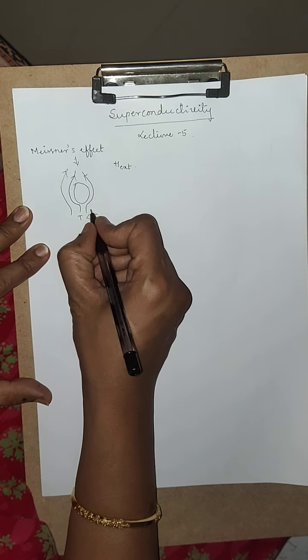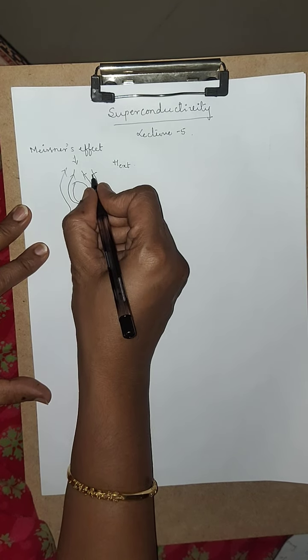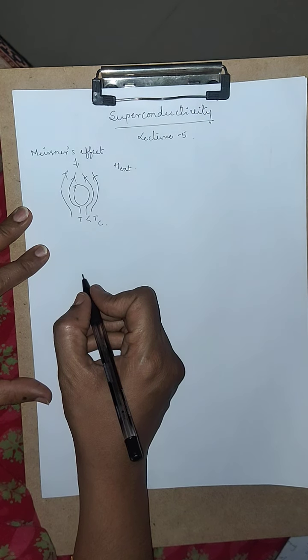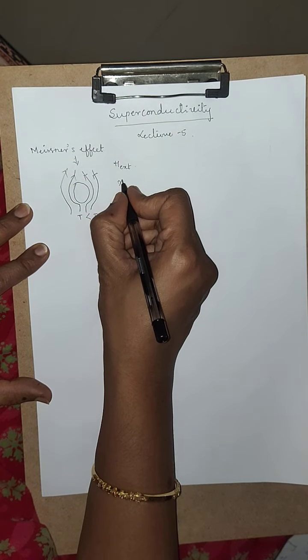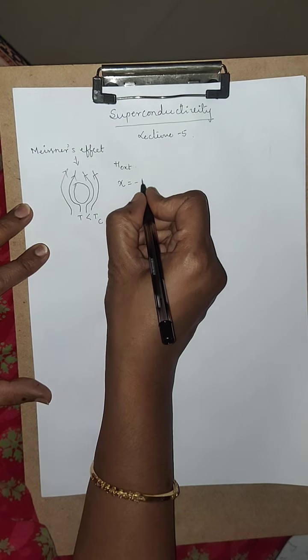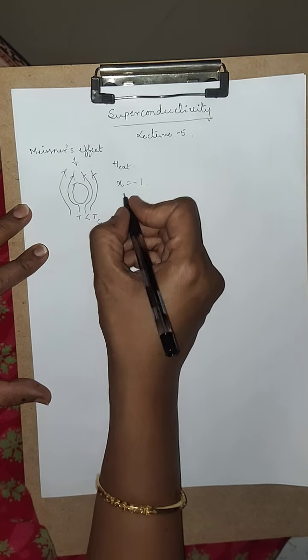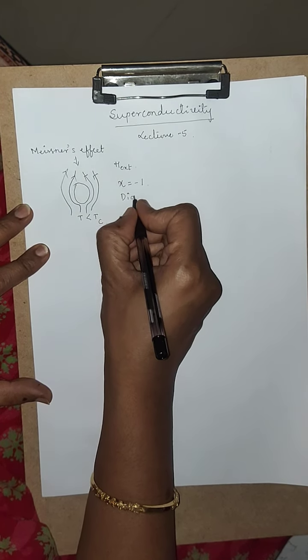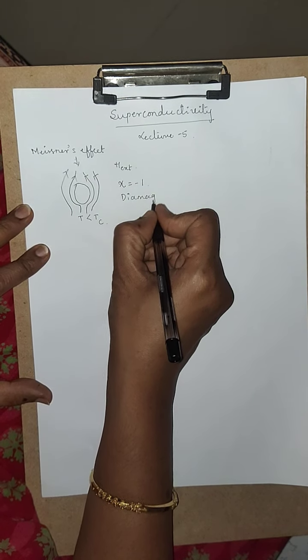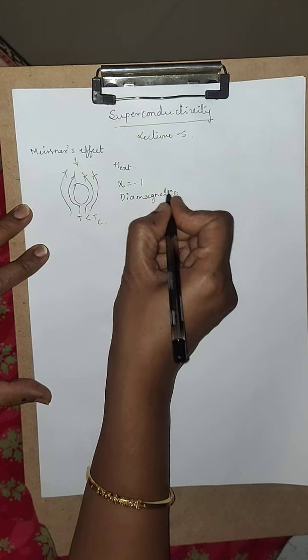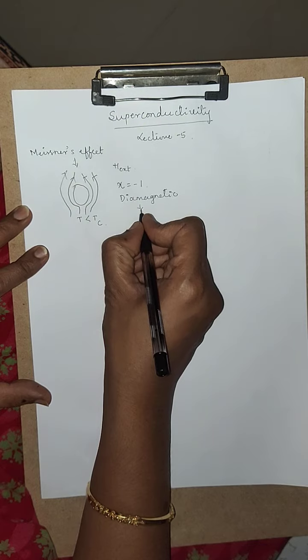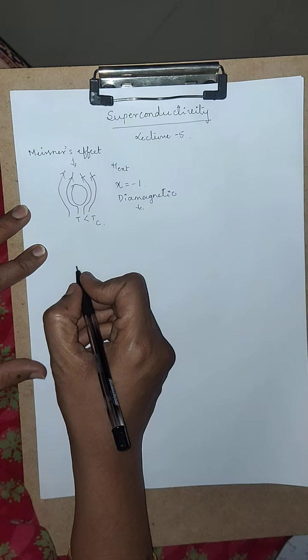So the material will acquire a negative magnetic moment, or its susceptibility is -1. Hence, the material will act as a diamagnetic material, and it can repel strong magnets.